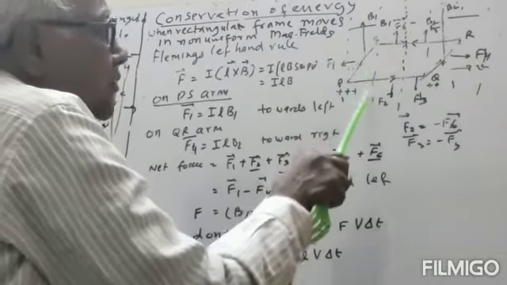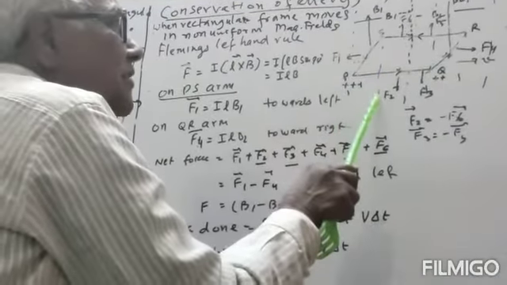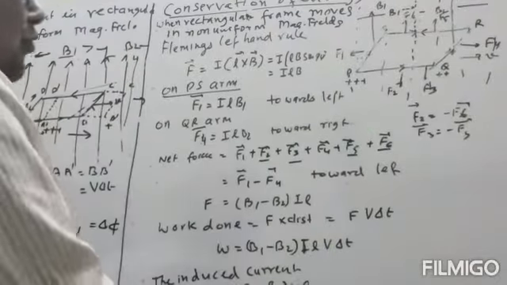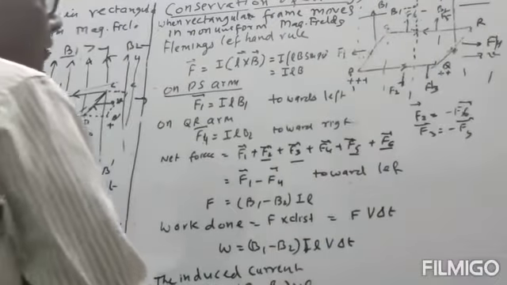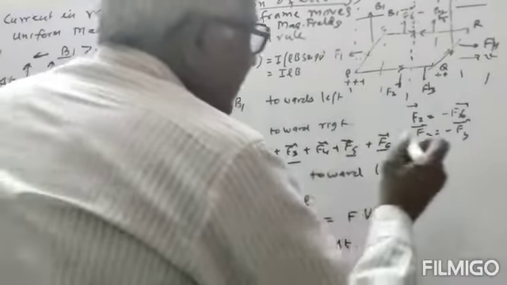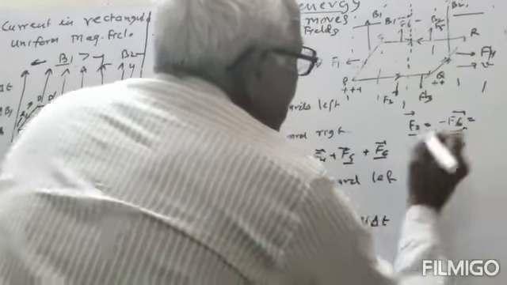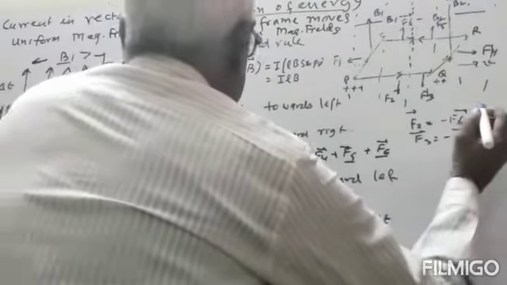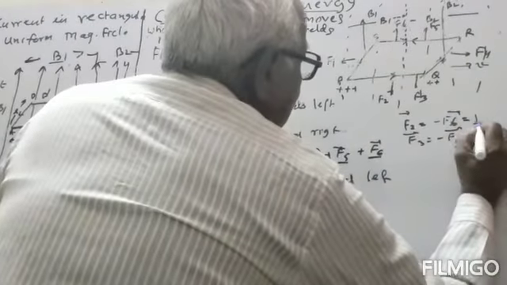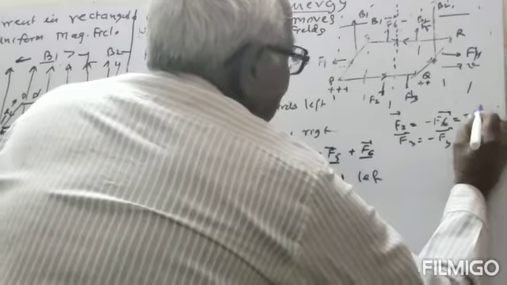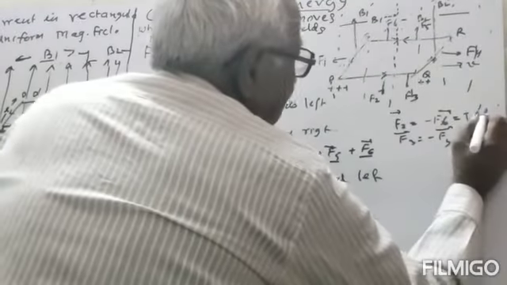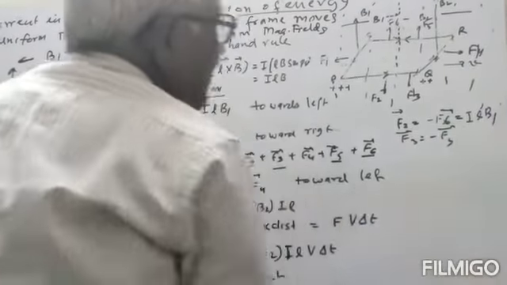Since the direction is opposite and the magnetic field is the same, F2 will be equal in magnitude to F6, equal to I into L dash, suppose this length is L dash, into B1.